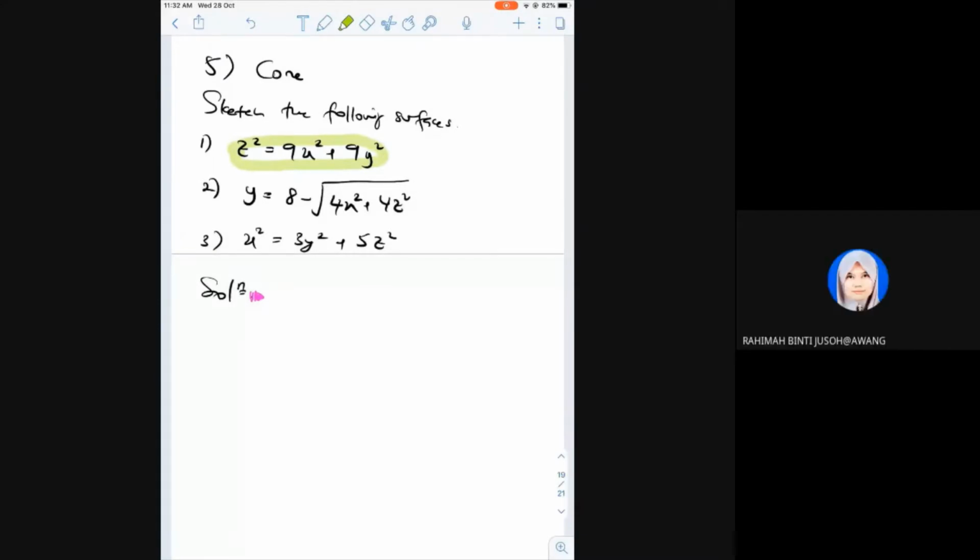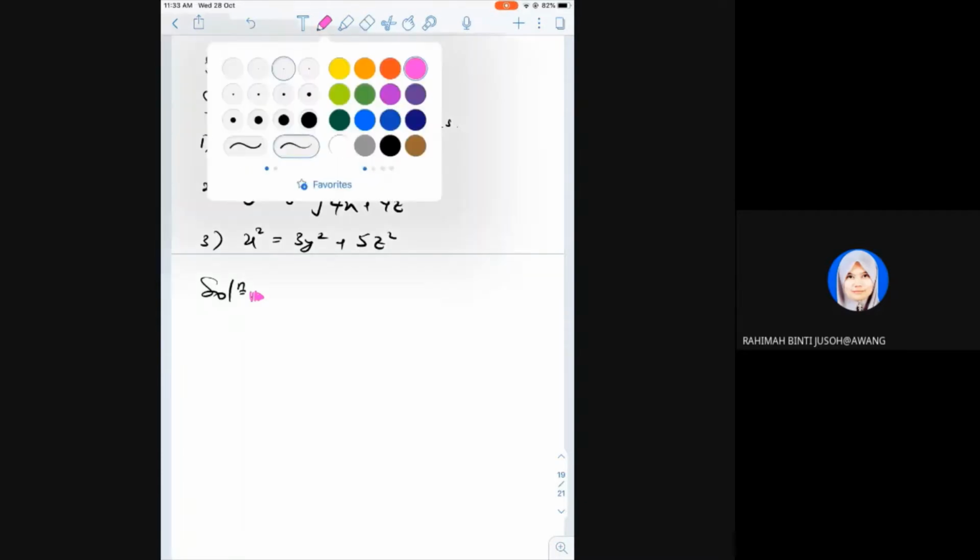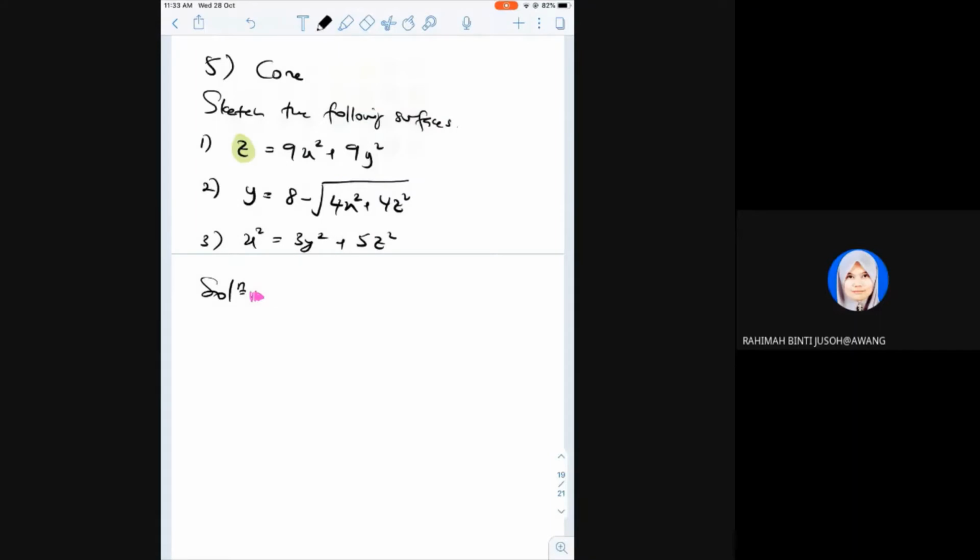Okey. Kalau paraboloid yang tadi tu dekat subjek ni, dia tak ada kuasa. Tapi dalam kon, untuk soalan kon dia mesti ada kuasa 2. Like this. Kalau dia tak ada kuasa 2, dia akan jadi square root sign macam ni.